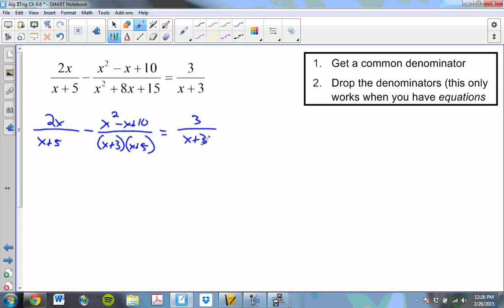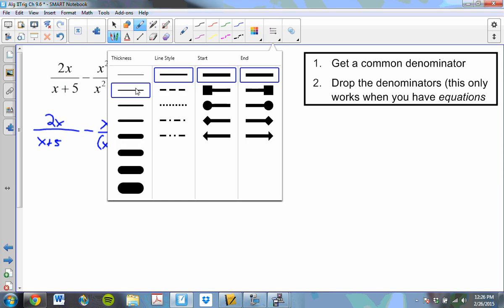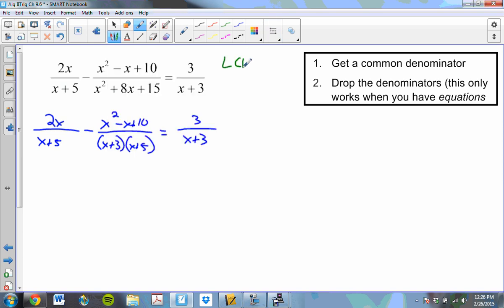So now I know that my LCD, my lowest common denominator, is x plus 3 times x plus 5. Meaning that this needs an x plus 5 on top and bottom. This one's okay the way it is. This one needs an x plus 3 on top and bottom.